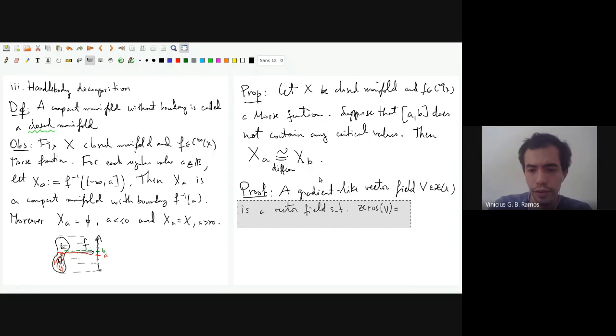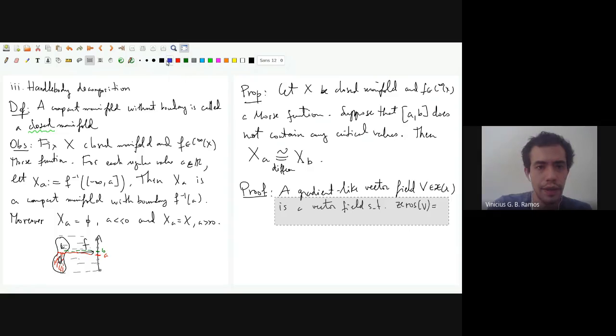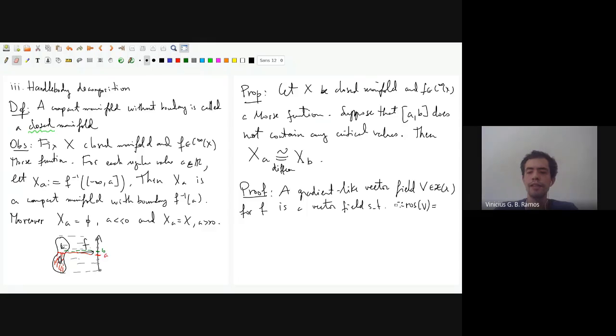So I have to say that it's a gradient-like vector field for F. So it's a vector field such that the zeros of the vector field are the same as the critical points of F. And the directional derivative of F in the direction of V is always positive, that is, V_x F is not 0 if x is not a critical point.